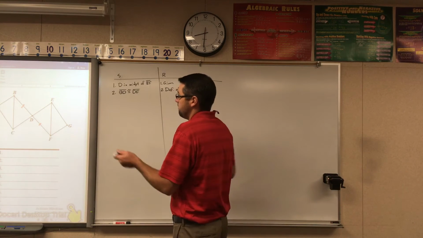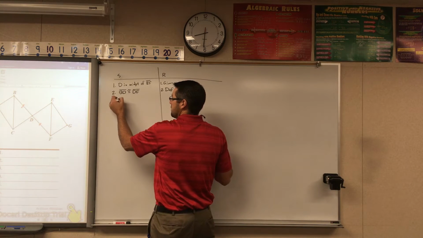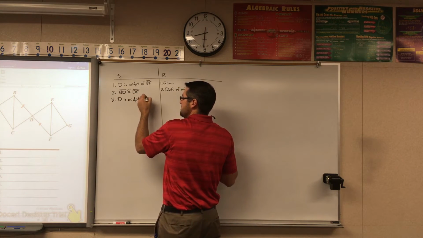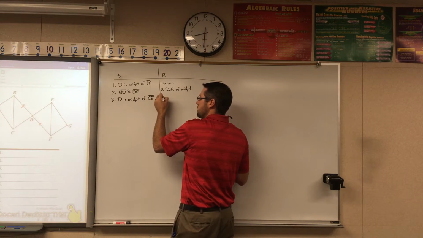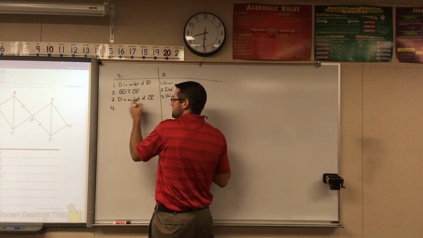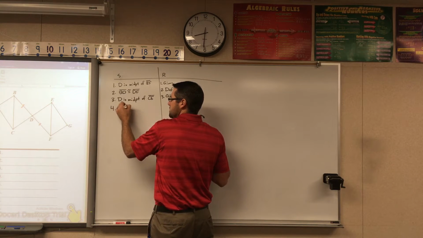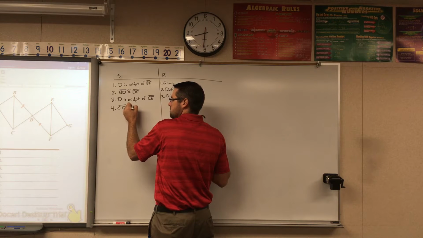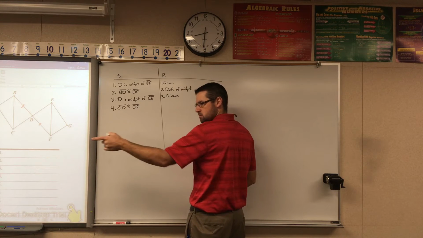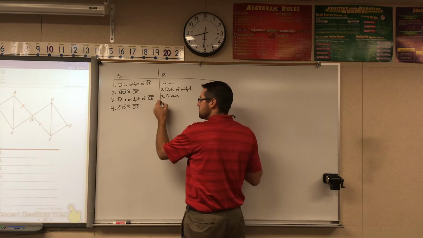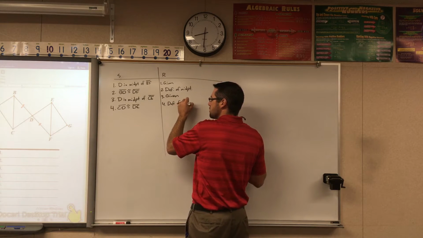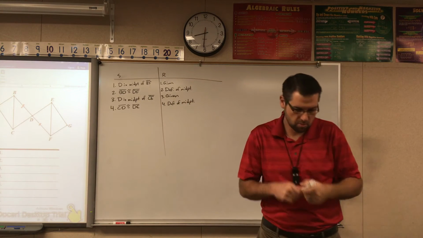Now what's the next step? D is the midpoint of the other one, of CE, because given. What's the reason? Or what's the next statement? CD is congruent to DE. And we're going to mark that in the picture too.